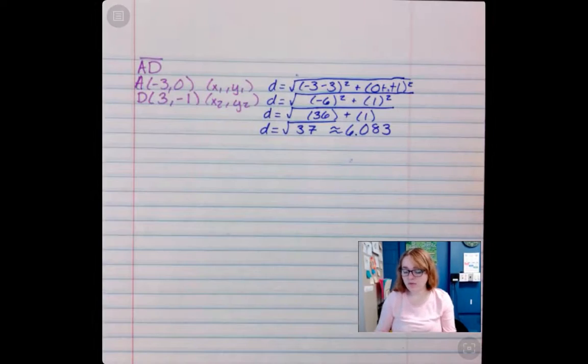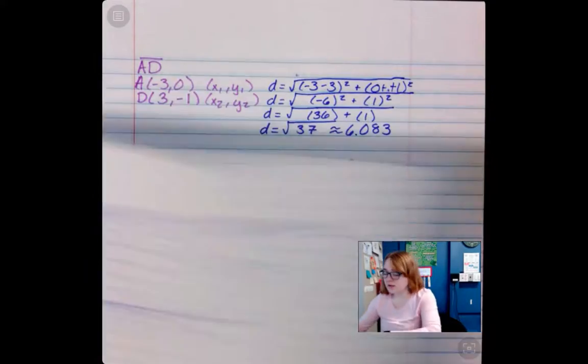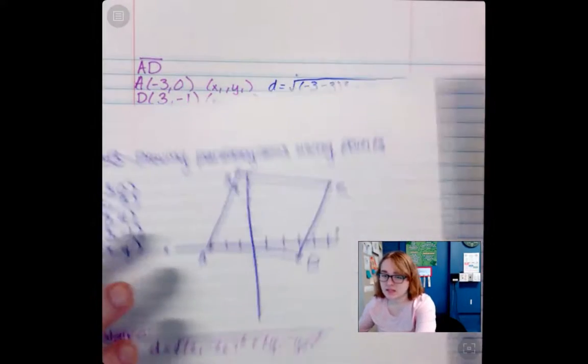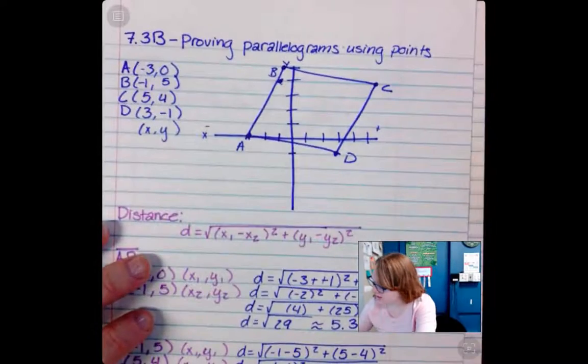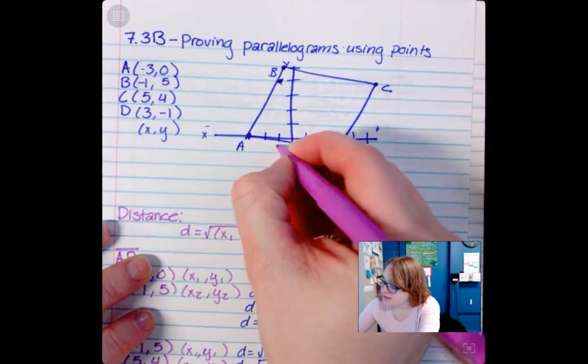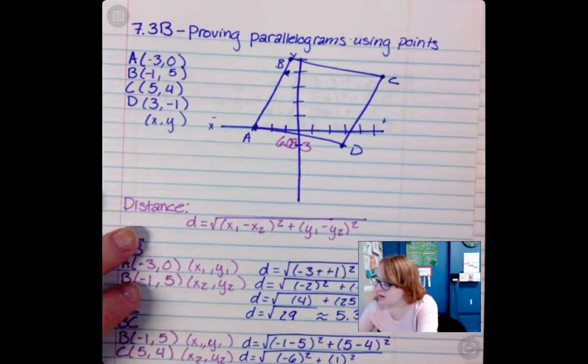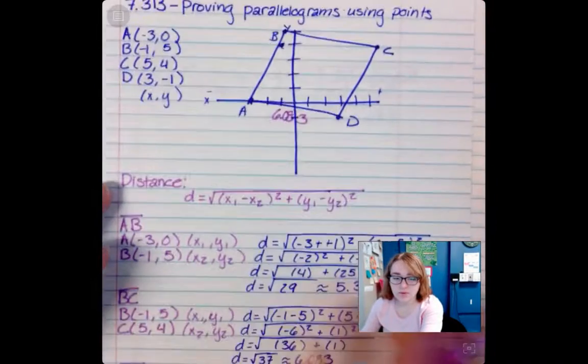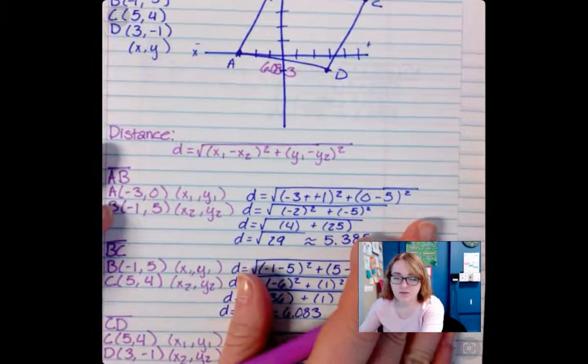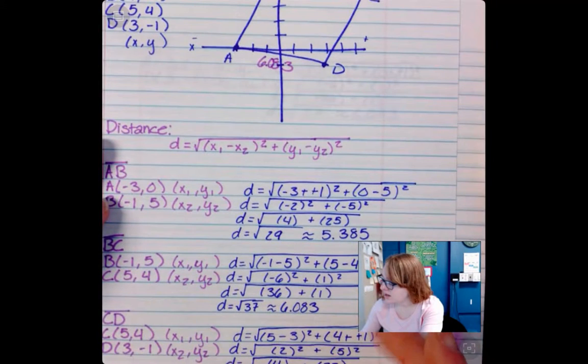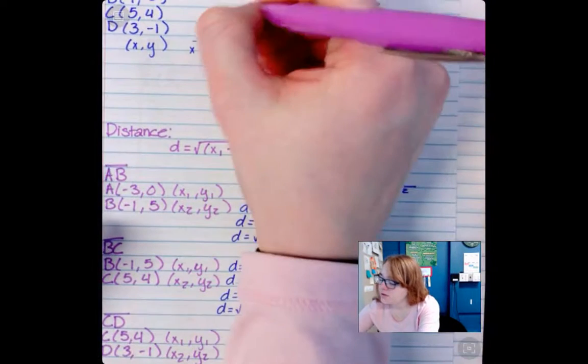Okay, so let's write all of our segment lengths onto our drawing here. A to D is 6.083. A to B is 5.385.